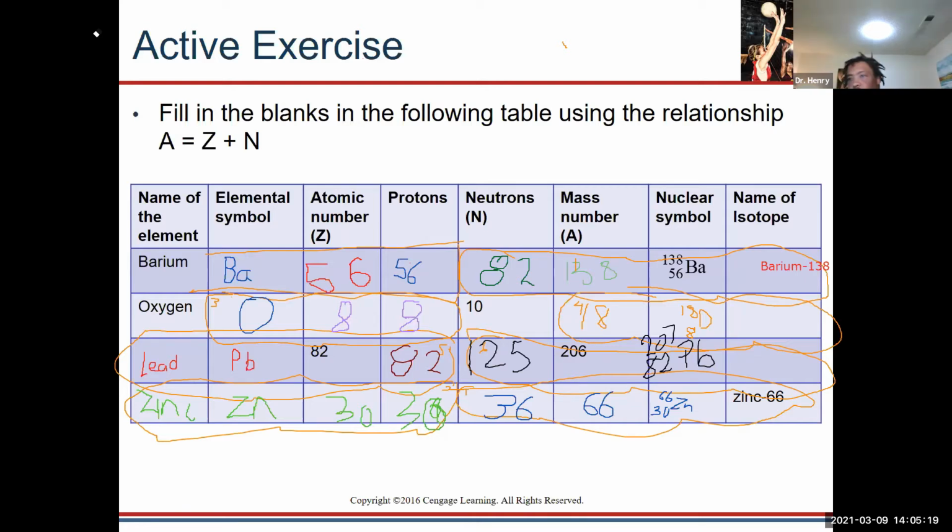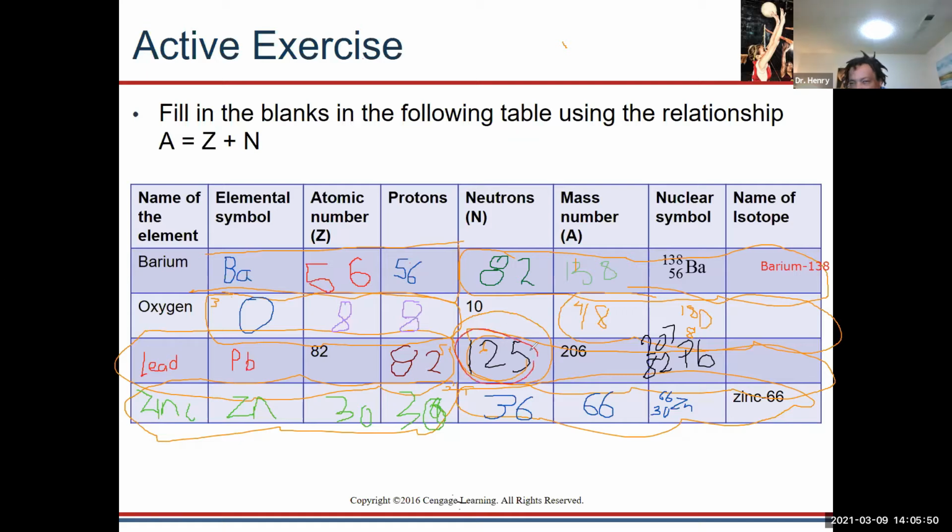Okay, looks good, looks good, looks good. So I have a question about this one right here. Let me use a different color.